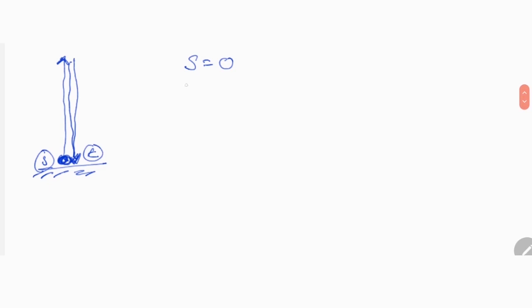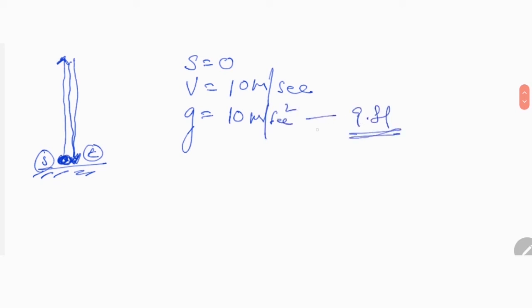What is the initial velocity? Let us assume that the ball is tossed vertically upwards with a velocity of 10 meters per second. And we know g, which is acceleration due to gravity, it is 10 meters per second square. Again, please note it is 9.81, but we are approximating it to 10 meters per second square.